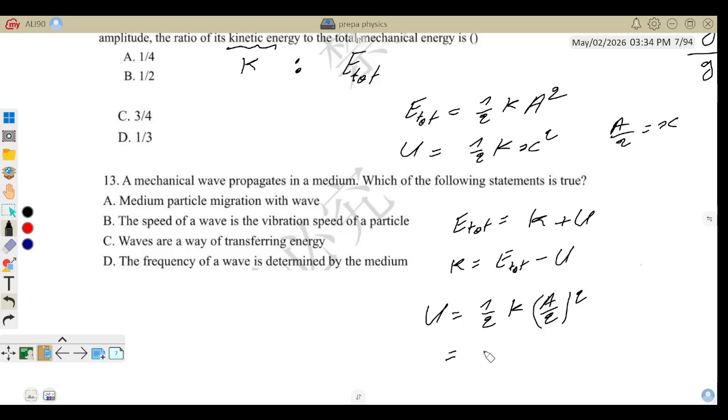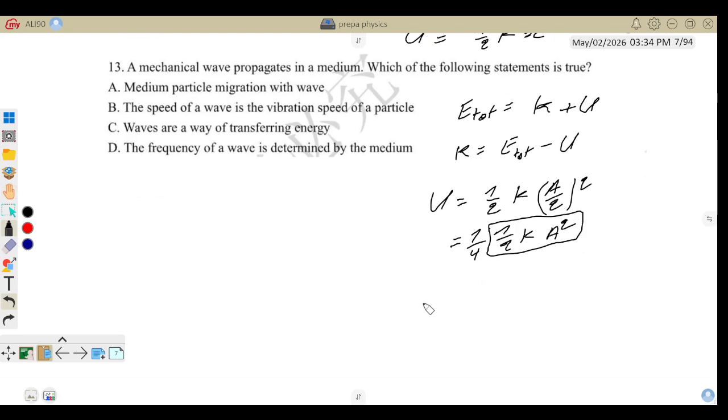So here we have 1/2 k, and this 2 beneath becomes 1/4, times A squared. I did that on purpose to regroup all those terms in one place. So the U would be 1/4 of this expression, which is already given above, the E total.